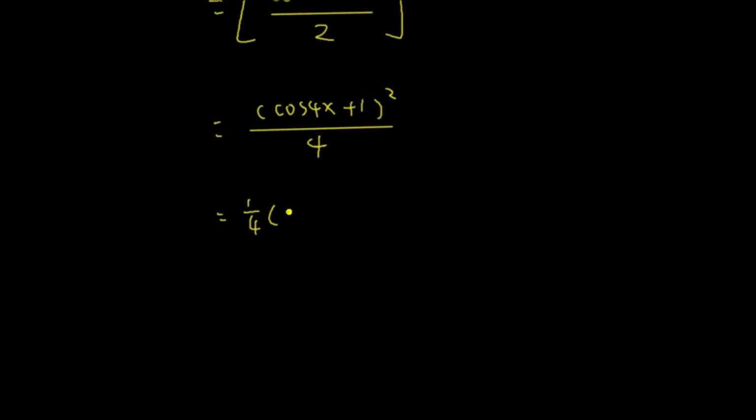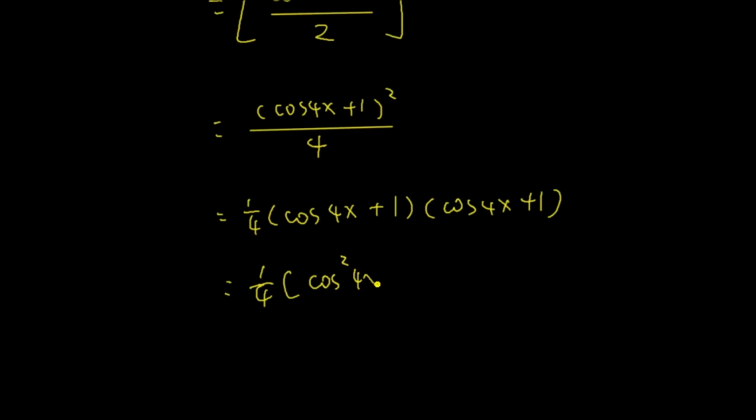So now we should expand this. 1 over 4 times (cosine 4x plus 1) times (cosine 4x plus 1). That is 1 over 4 times (cosine 4x times cosine 4x, cosine squared 4x, plus 2 cosine 4x, plus 1 times 1 is 1). Okay, so these two terms will be easy to integrate. How about cosine squared 4x?